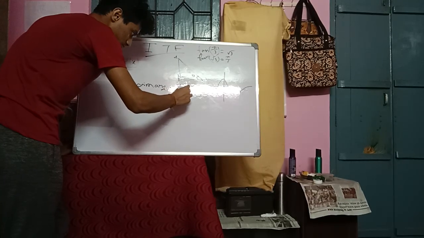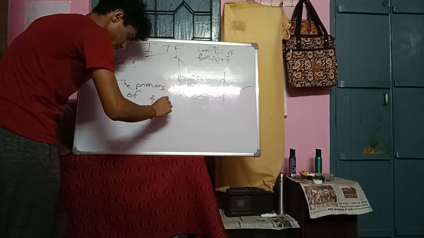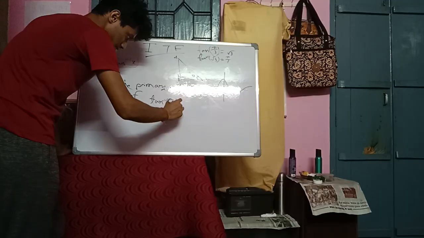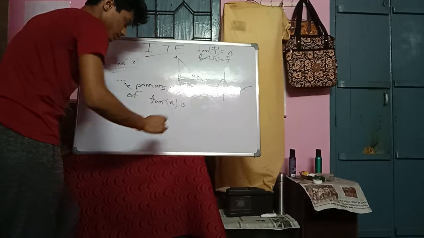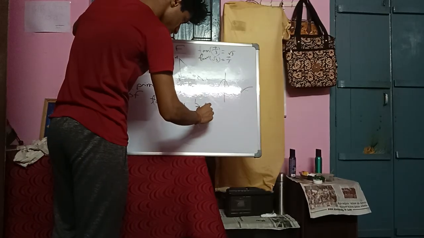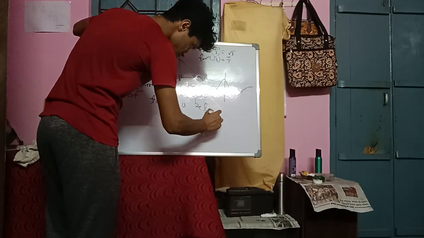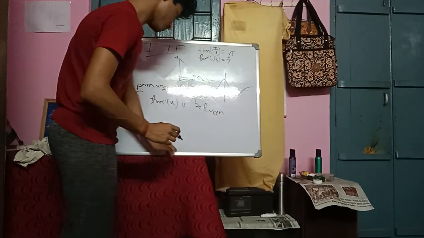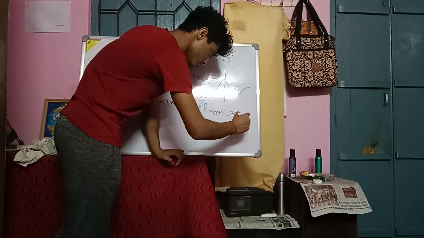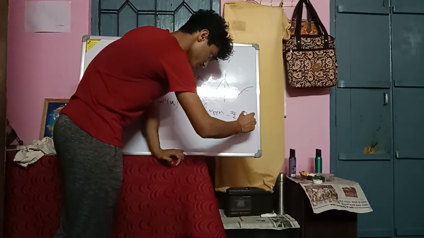The primary value of tan inverse x is between minus pi over 2 and plus pi over 2.